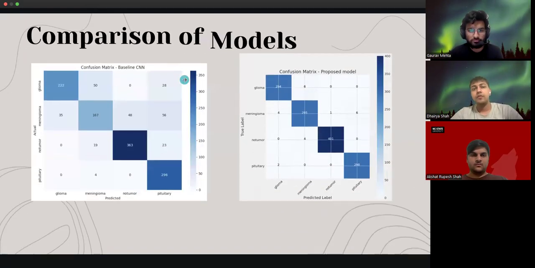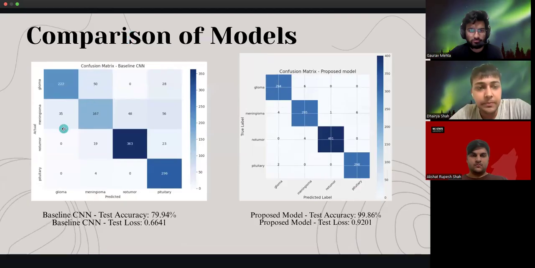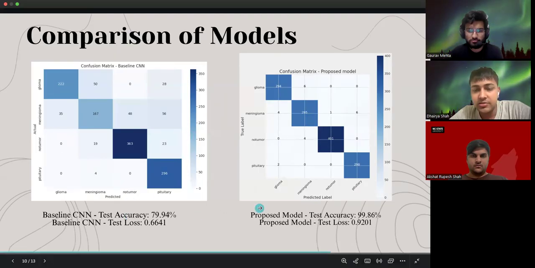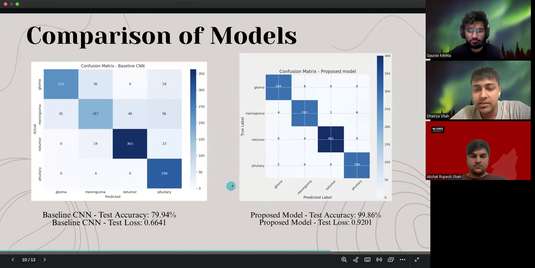You can see that the number of misclassifications that occurred in the baseline CNN has been reduced in our finally implemented EfficientNet model. And our test accuracy was increased significantly, and our loss was also decreased significantly.